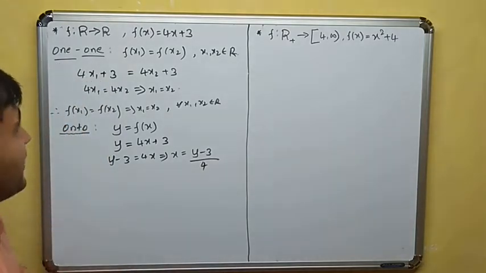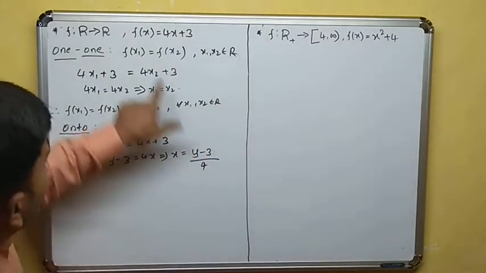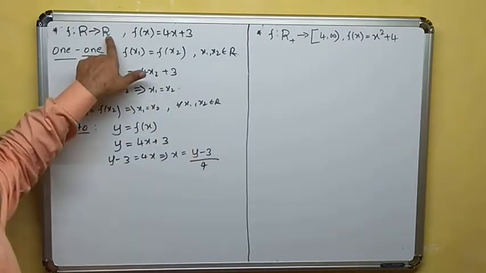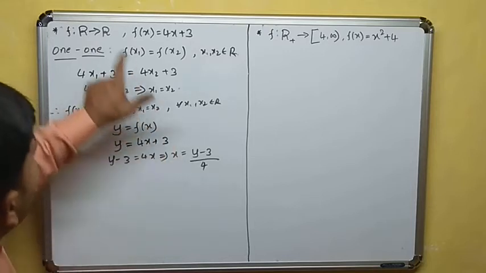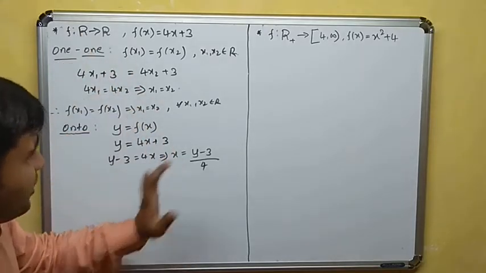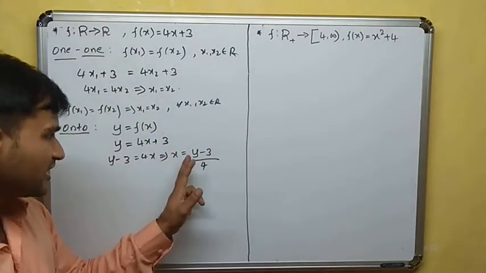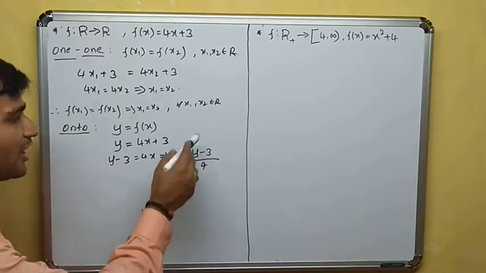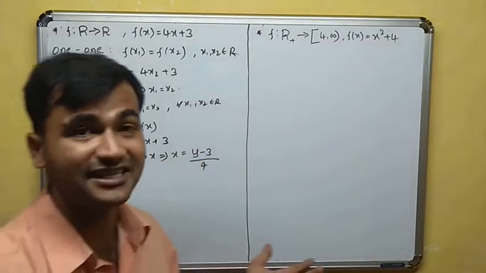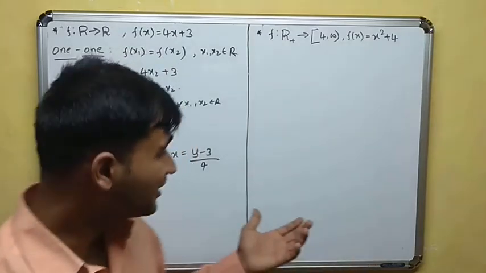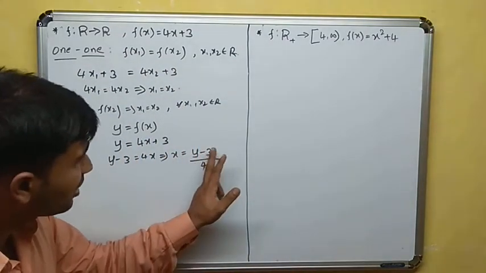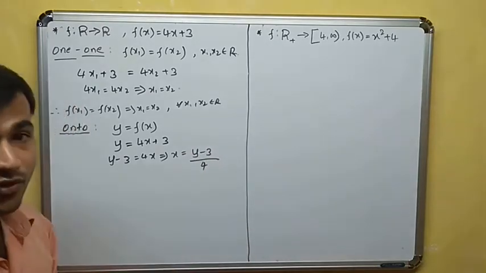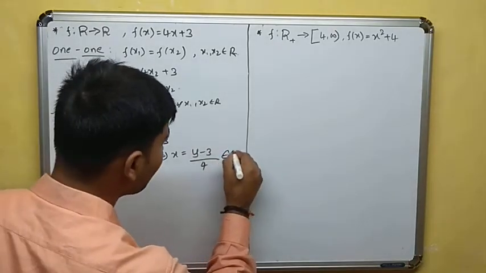Now you see here, for every real number y, we need to choose y from the real numbers. For every y belonging to R, there exists an x belonging to R such that y is equal to f of x, because here you can substitute any real number: 1, 2, 3, 4, 0, minus 6, minus 10, minus 12, minus 100. This x will again be a real number, because a real number minus 3 divided by 4 is definitely a real number.